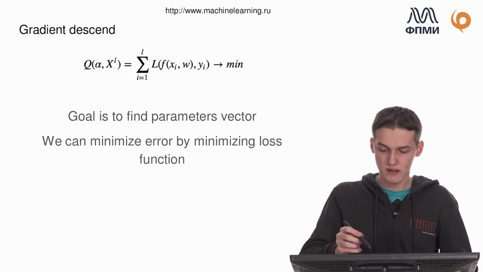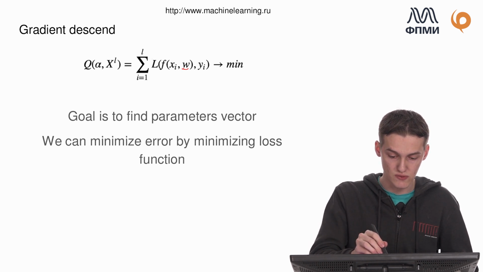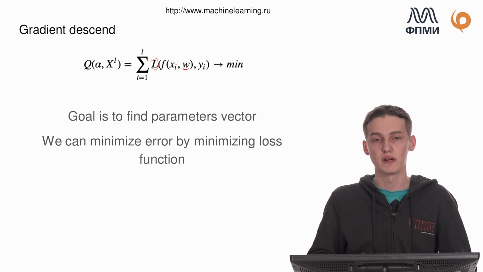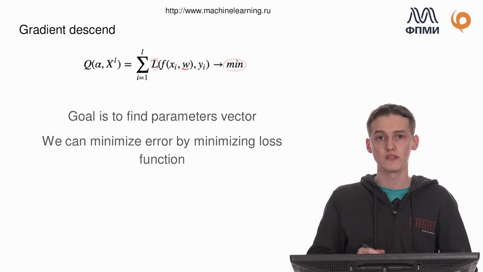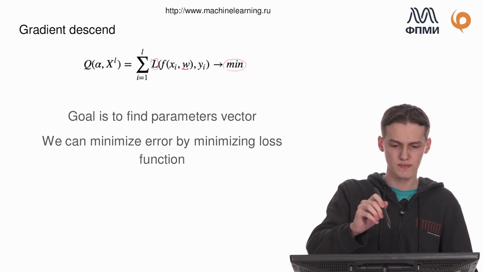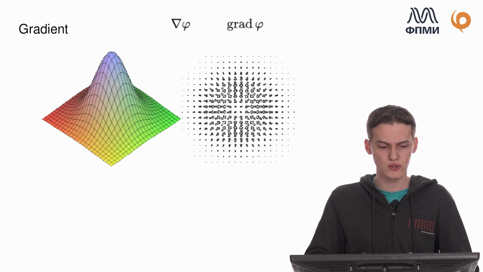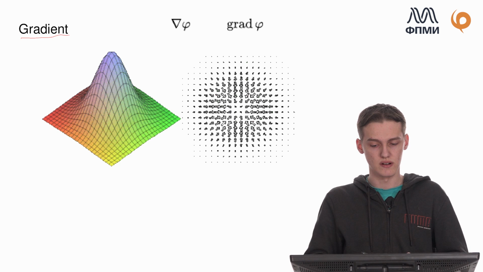Our goal again is to find a parameters vector with some loss function. And again, we solve this by minimizing a loss function, but in gradient descent, we do it differently. But what does gradient really mean? Let me introduce you to gradient, a mathematical operator.